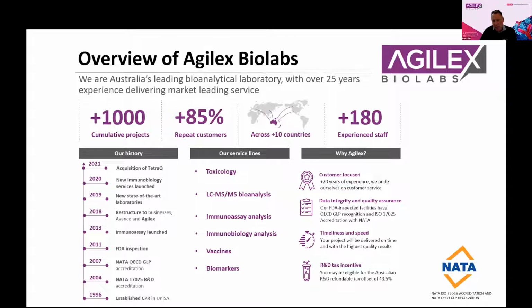Our main service lines span from preclinical toxicology in multiple species to provide safety studies, through to clinical studies. Overarchingly, we specialize in regulated bioanalysis, either through liquid chromatography or mass spectrometry for small molecule bioanalysis, or large molecule bioanalysis by ligand binding assays, and immunobiology analysis to provide a more detailed snapshot of what the drug is doing in terms of pharmacodynamics.